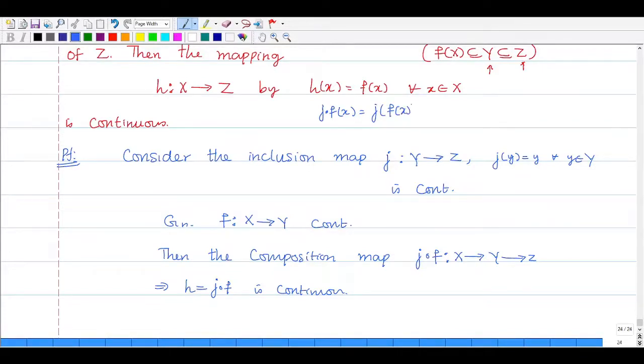Correct? And note that f of x belongs to capital F of X, and capital F of X is a subset of Y. அப்போ Y ல எலிமெண்ட் இருந்தது அப்படின்னா then this is equal to f of x. கரெக்டா? அதான். அப்போ h of x which is equal to J composition f of x. So J composition f is always continuous. Therefore h is continuous. Okay.